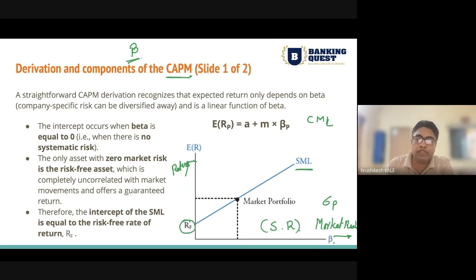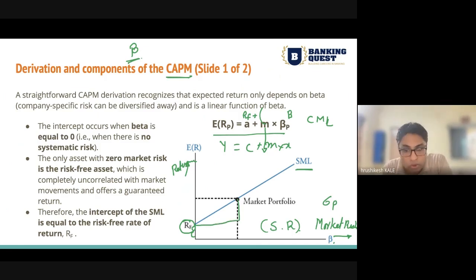Again, you know the equation of a line, y equal to mx plus c, where c is the y-intercept. Here our y-intercept is the risk-free rate, plus beta as it is. Now we are only worried about m. What is m? M is the slope of this line.